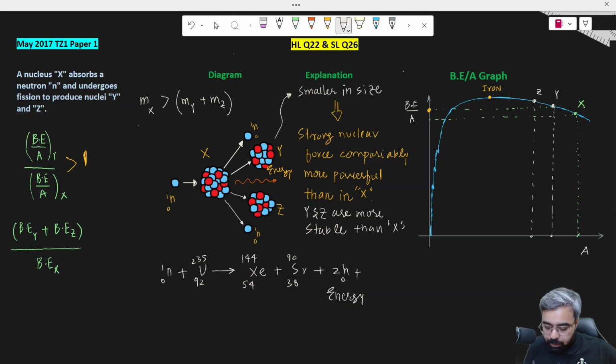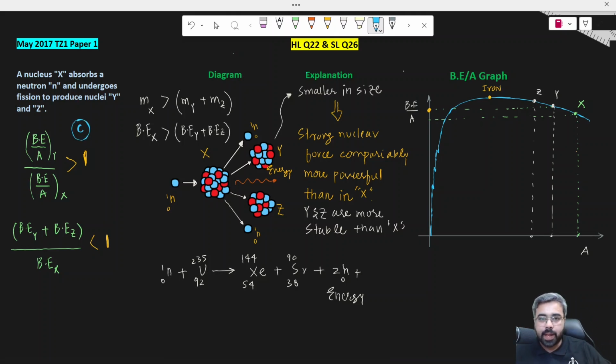Which means that the binding energy of X, because it's a heavy element, is less than the sum of the binding energy of Y plus the binding energy of Z. If we take the ratio, that ratio should be more than 1. My mistake, less than 1, obviously. So option C is the right answer for this MCQ.